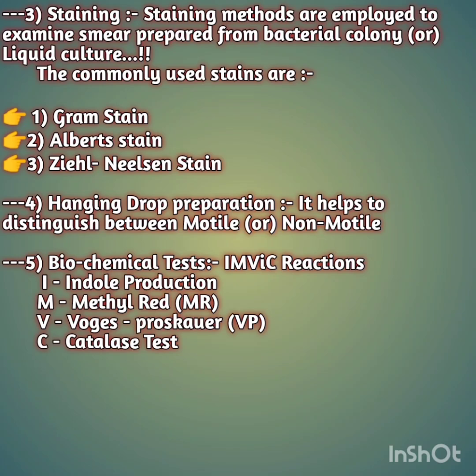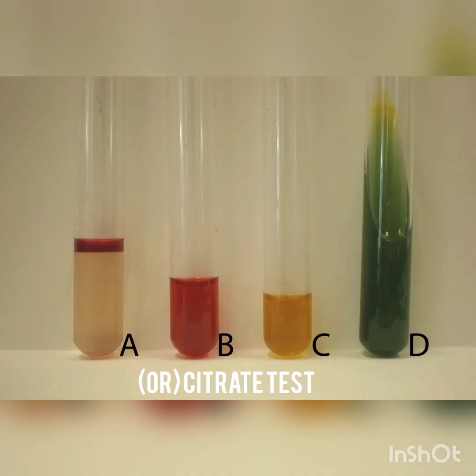Next, moving to biochemical tests, the IMViC reactions. What do you mean by biochemical? Bio means life, and chemical means the different reactions and interactions which happen in life. This biochemical test includes IMViC reactions.